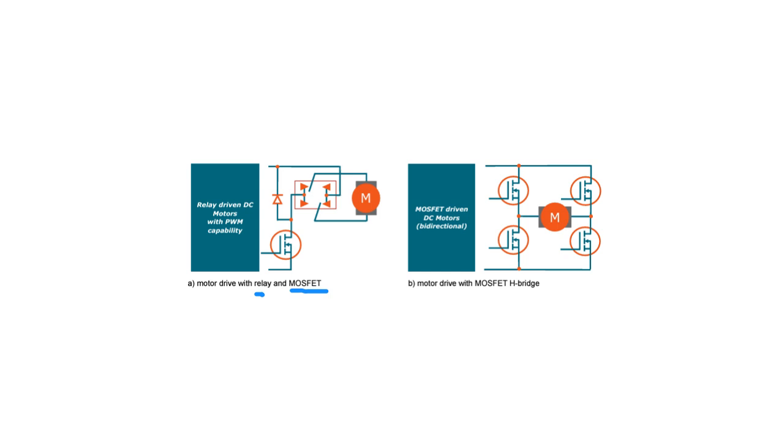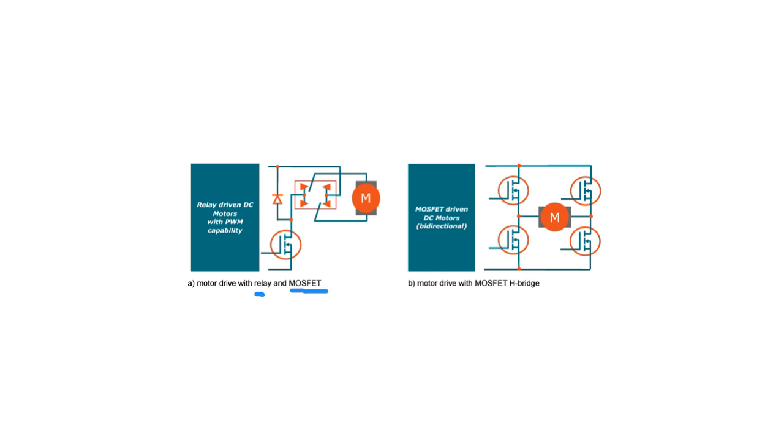For example, for lifting of the vehicle in a bus, on the DC motor, one relay permits current flowing in one direction, and another one permits reverse current flowing. This is a very classical application.